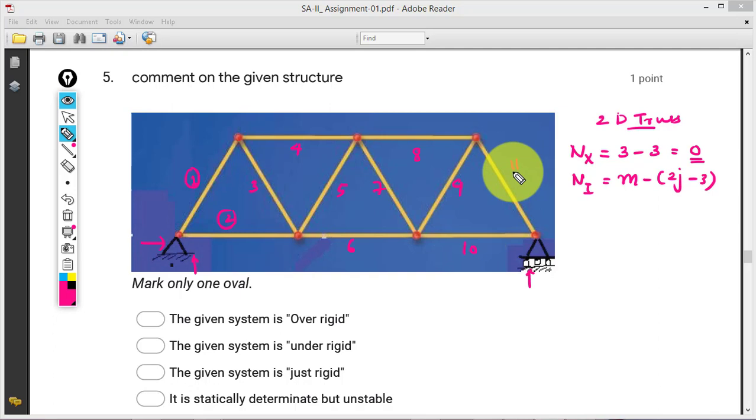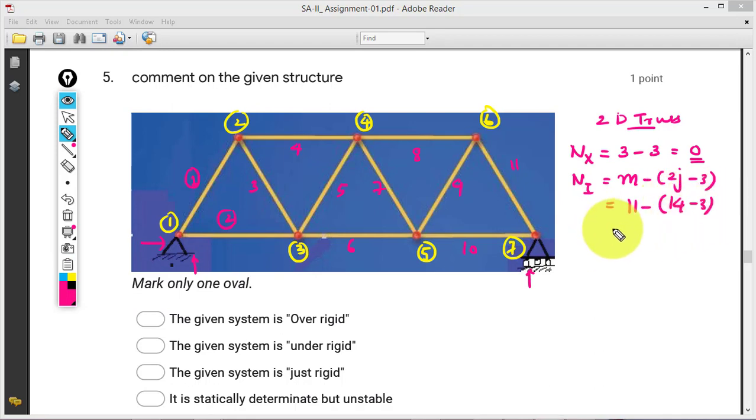And the number of joints: 1, 2, 3, 4, 5, 6 and 7. So we have 7 joints and 11 members. So we get 11 minus (14 minus 3), which equals 0.